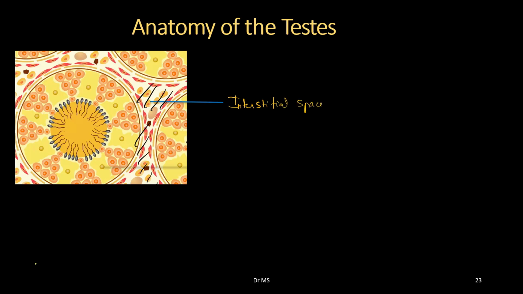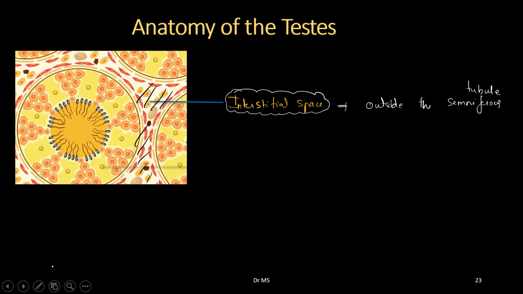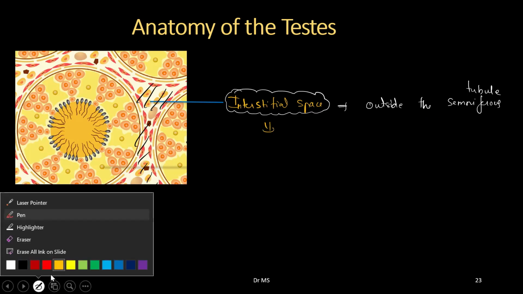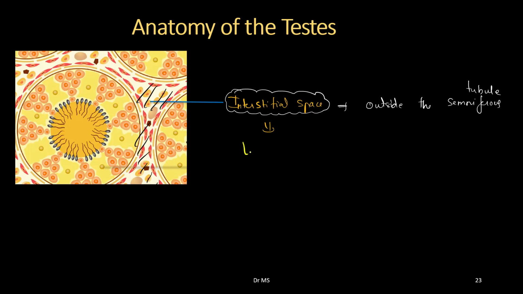What is the use of this interstitial space? It is outside the seminiferous tubule, and it contains a kind of cells called Leydig cells.